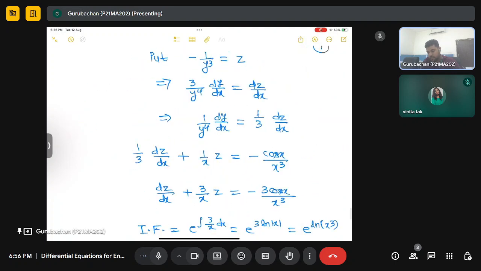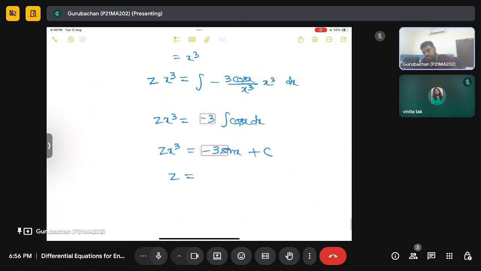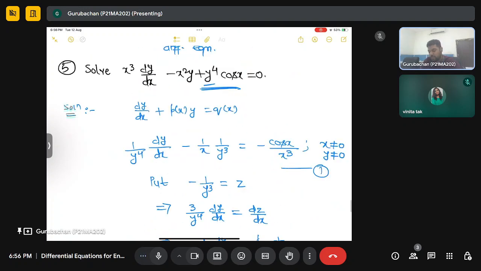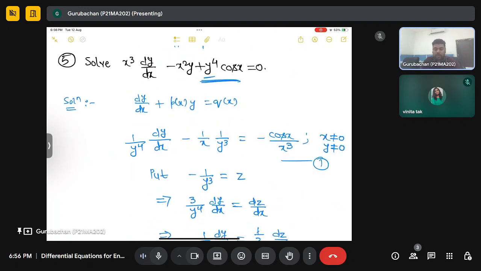So now what will you get? Minus 3 sin x plus c divided by this x cube. And what was the value of z that we have assumed? We have assumed z to be minus 1 by y cube.